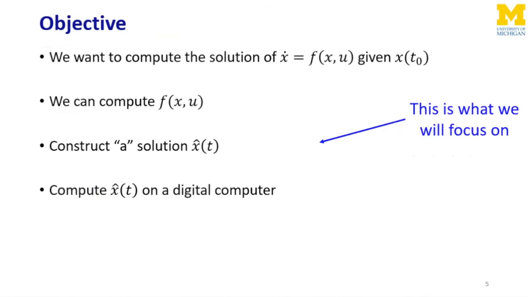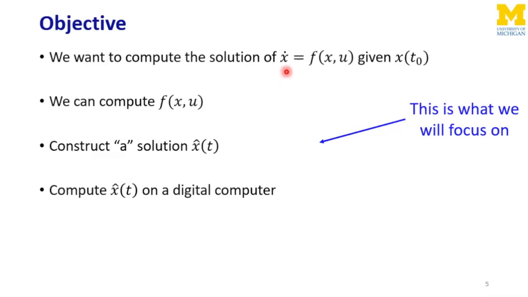Okay, so our objective today is to compute the solution of the differential equation x dot equals f of x and u, where x is the state and u is the input, given an initial state x at some time t0. Now we can compute f of x, u, but that gives us the rate of change of the state. That doesn't tell you where the state is going to be.